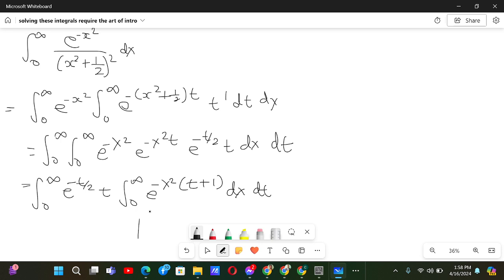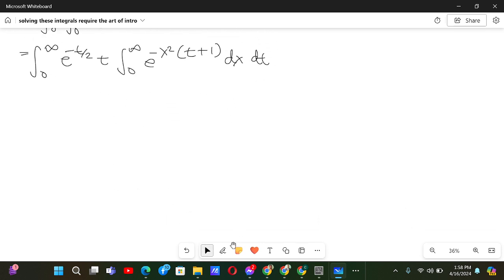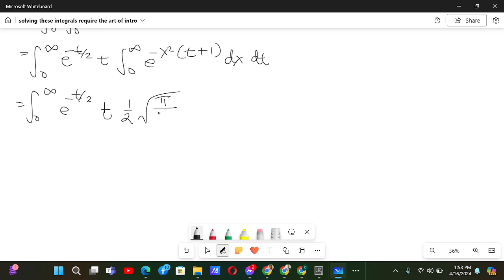So now what next can you do? You know the approach we used earlier. Integral from 0 to infinity of e to the power minus t by 2, and this is not plus, this is t. And now here we know that it is 1 by 2 times root of pi by t plus 1, dt.